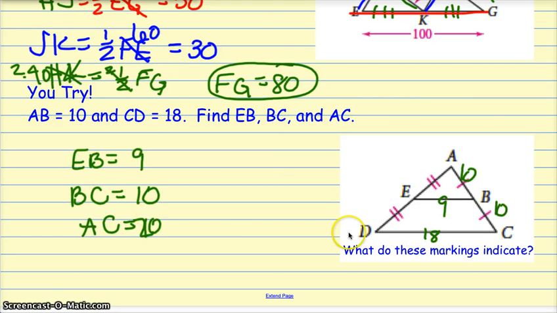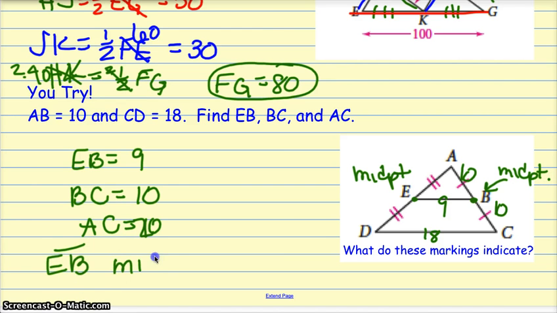In this problem, there weren't a whole lot of words, but because of the double marking and the single marking, I know that point E is a midpoint, and I know that point B is a midpoint. So that means that segment EB is a midsegment.